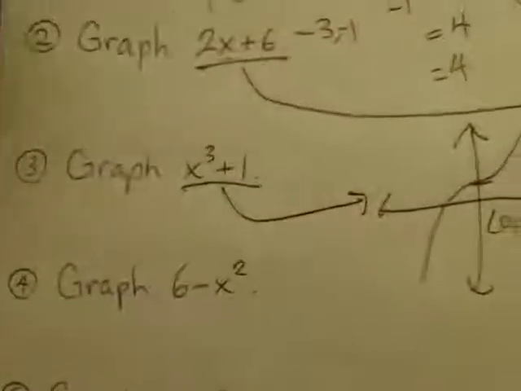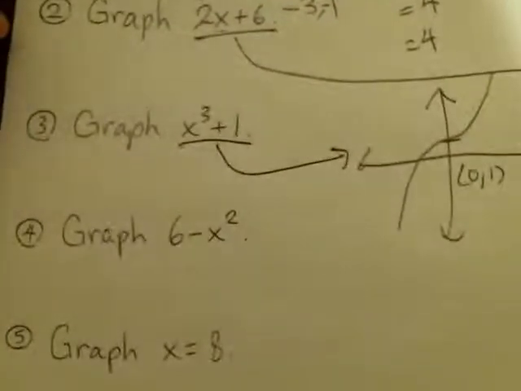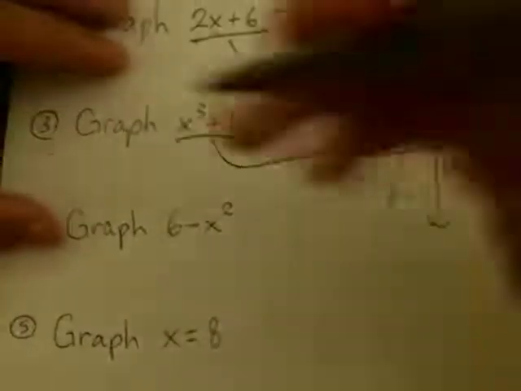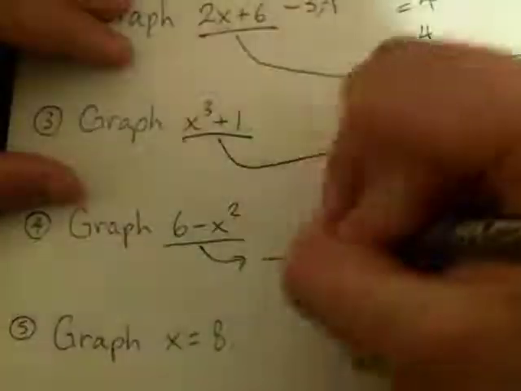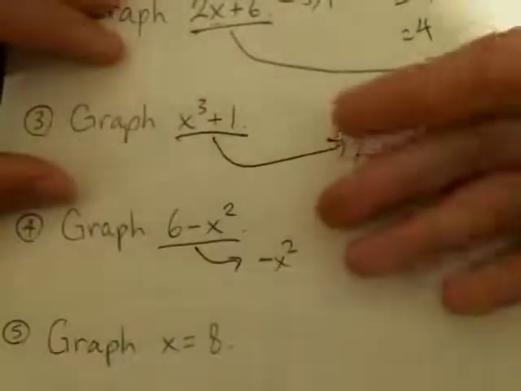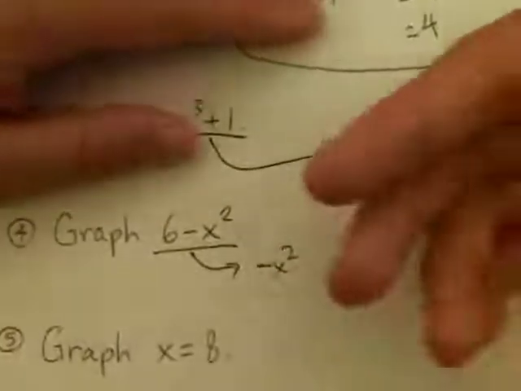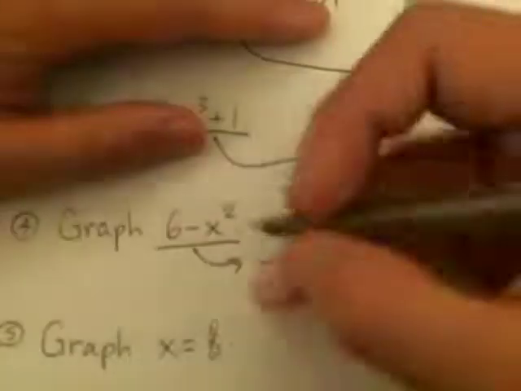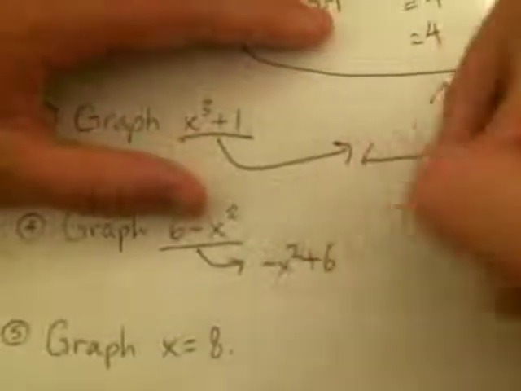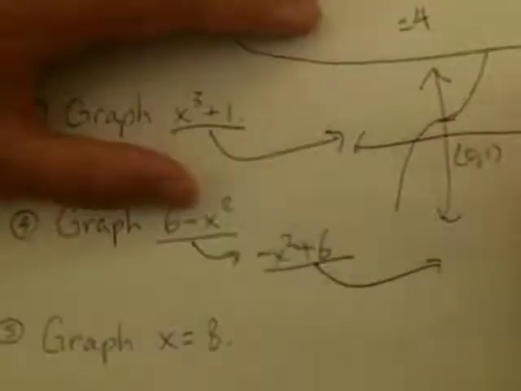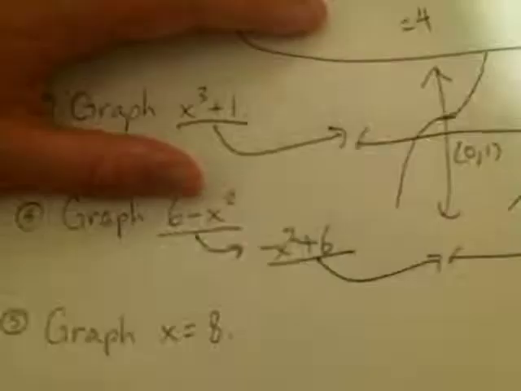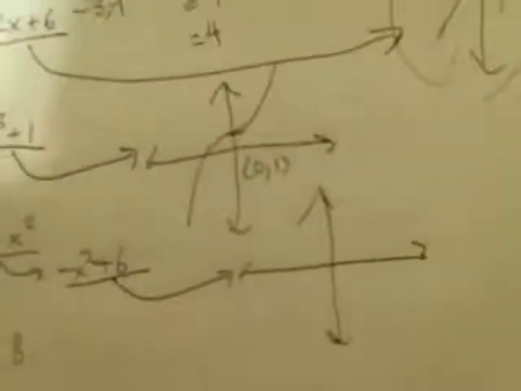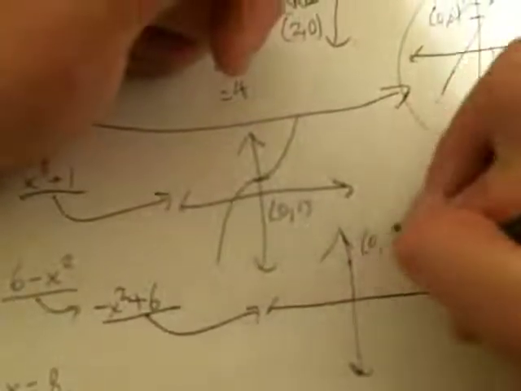Alright, so let's do the fourth one, which asks to graph 6 minus x squared. So we can rearrange the terms into negative x squared plus 6. So we would graph that here. Firstly, we would have the y-intercept be 0, 6.